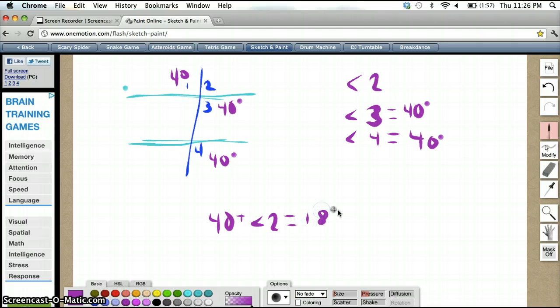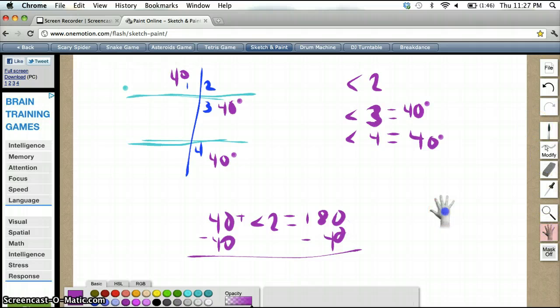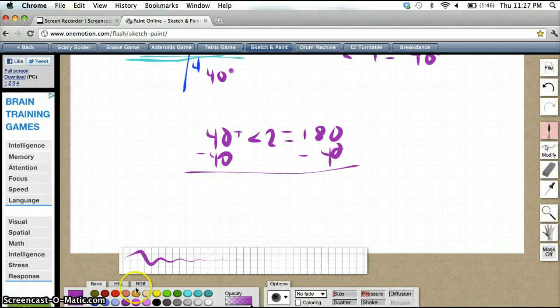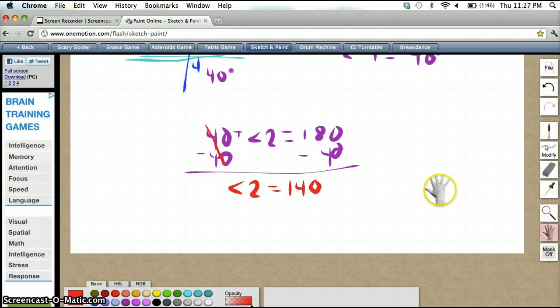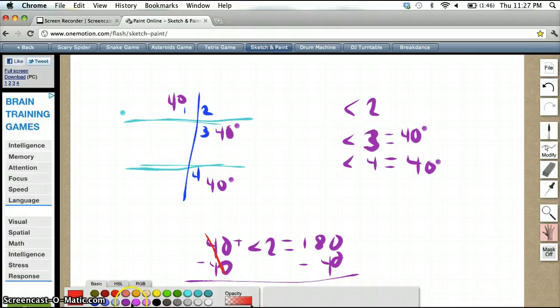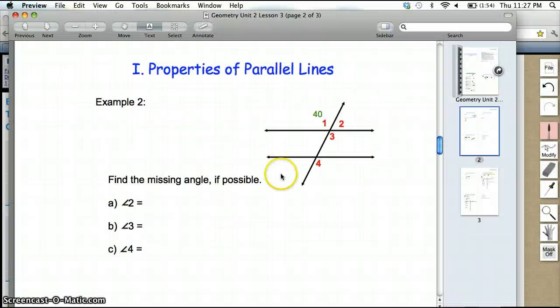We subtract 40 from both sides, and they cancel out, so angle 2 is equal to 140 degrees. All right, so that's example number 2.